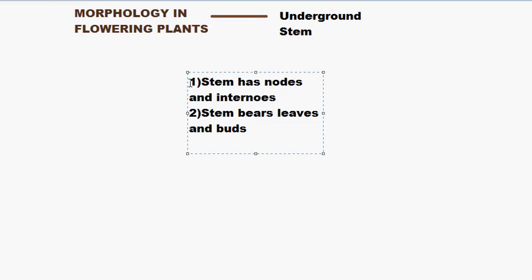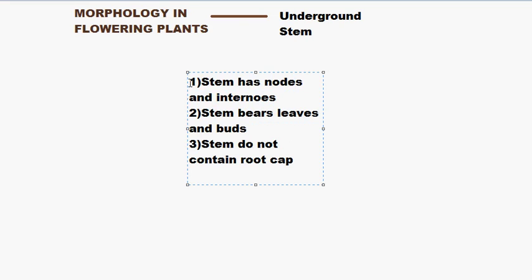But the stem, as it doesn't penetrate the soil, does not have such protection for its apical-most point. So let me write down: stem does not contain a root cap.